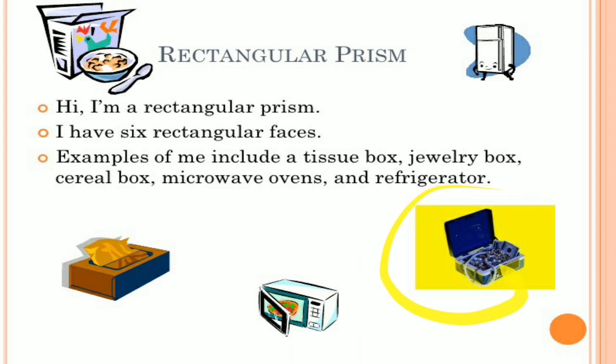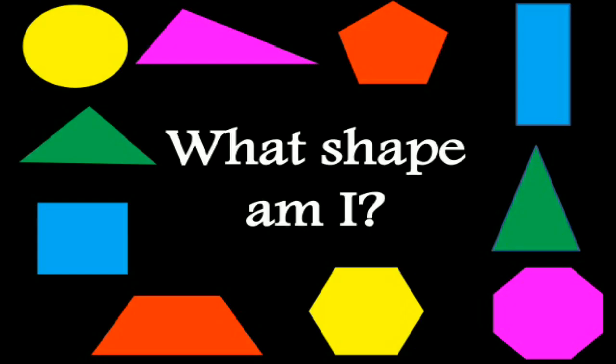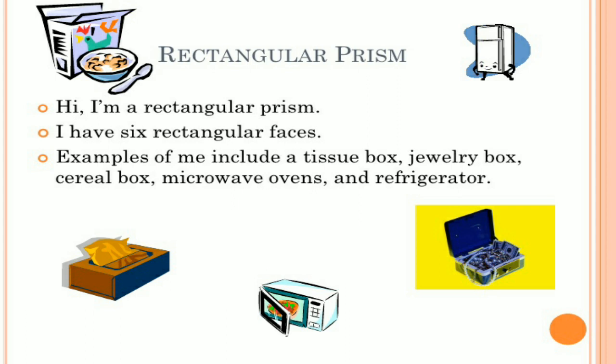Here we can find so many rectangle prisms. Examples of me include a tissue box, jewelry box, microwave ovens, and refrigerators. They are all rectangle prisms, and we find them all around us. So students, you all understand about the rectangle prism.